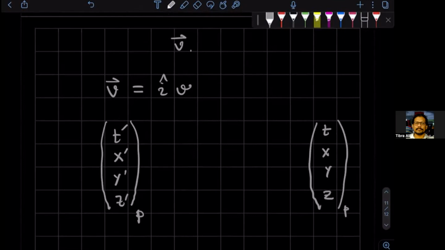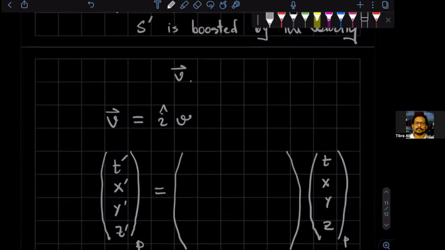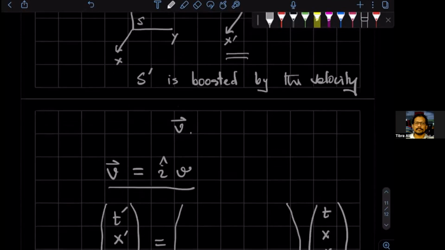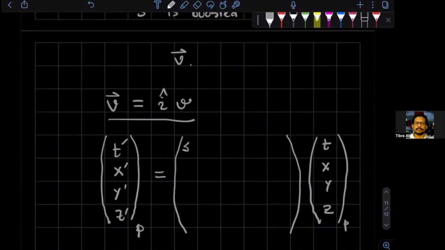Einstein discovered that these are related by a transformation which is linear. The linear transformation for this particular one will have the form of cosh of zeta, sinh of zeta.